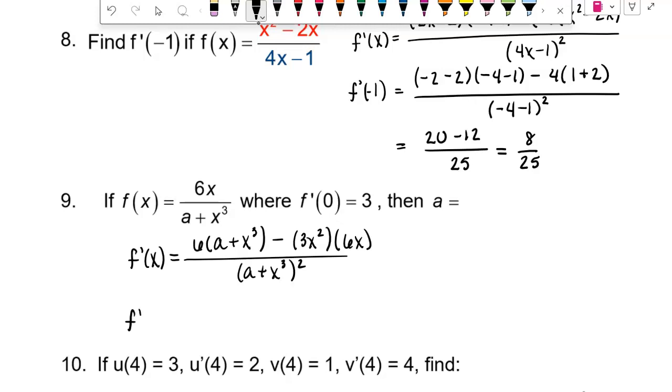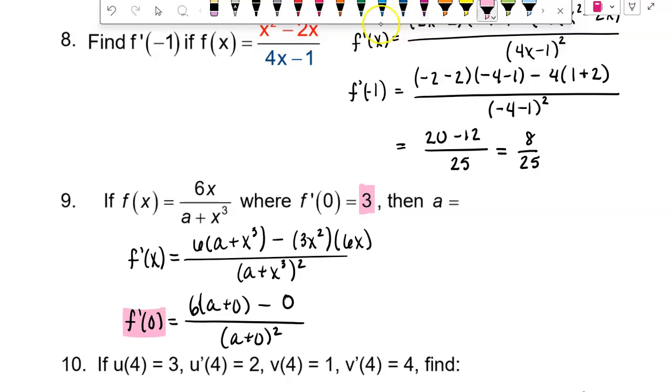Now you're going to plug in 0 anywhere that you see an x. So you've got f prime of 0 equals, let's see, we've got 6 times a plus 0 minus 3 times 0, and then times anything else is going to be 0. And then divided by a plus 0 squared. Now keep in mind that the problem told us that f prime of 0 equals 3.